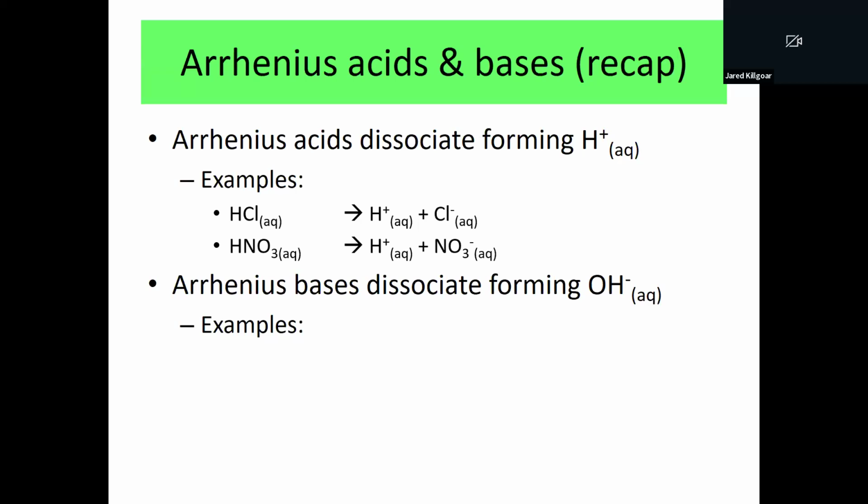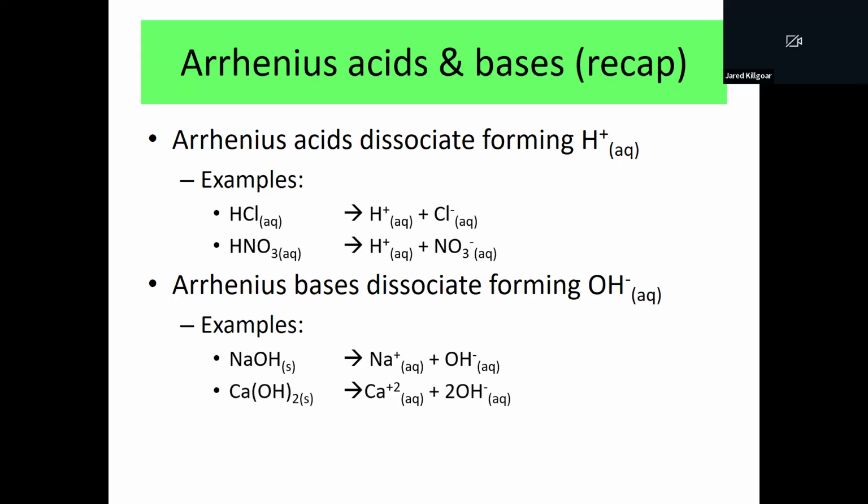Arrhenius bases, similarly, are compounds which form hydroxide ions in solution. So NaOH dissociates to sodium ions and hydroxide ions, and calcium hydroxide dissociates into calcium ions and hydroxide ions. Those are the definitions which we talked about last class.